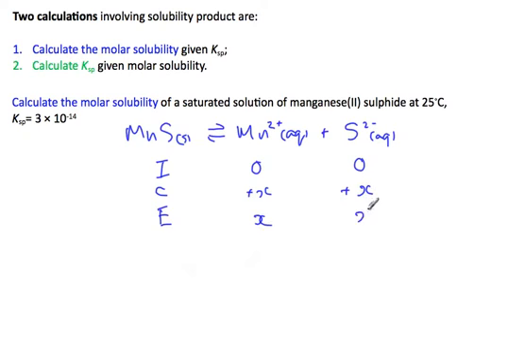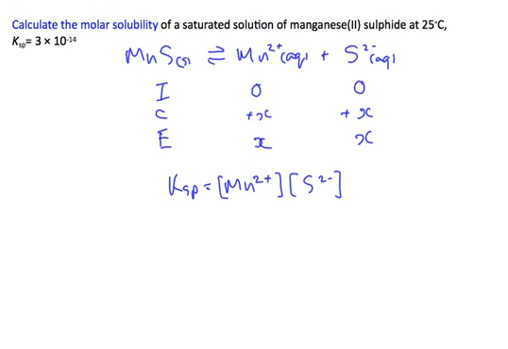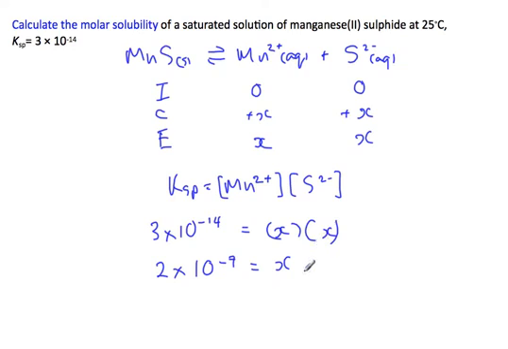Once we have our ICE table, we plug it into the Ksp expression we wrote out before and solve for X. Ksp, 3 times 10 to the minus 14, equals X times X, or X squared. So X equals 2 times 10 to the minus 7, and that is the molar solubility. X is the molar solubility in moles per liter.